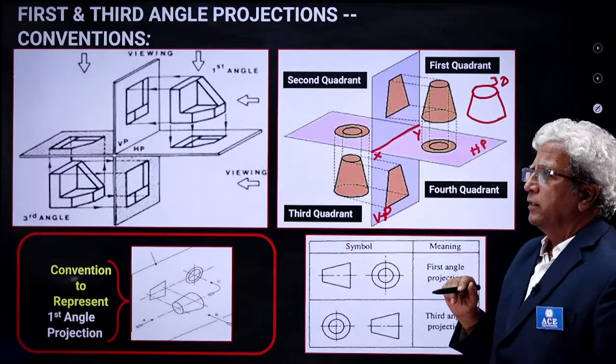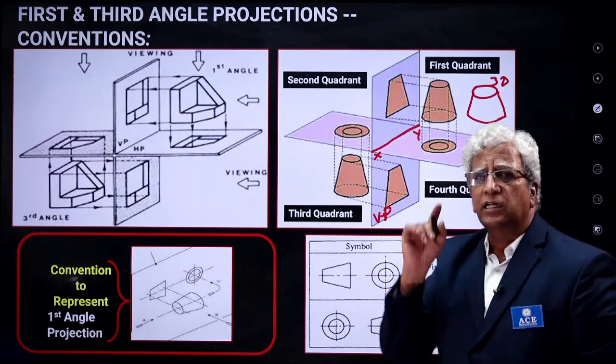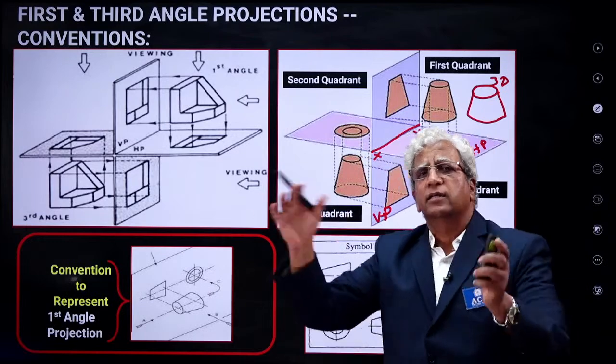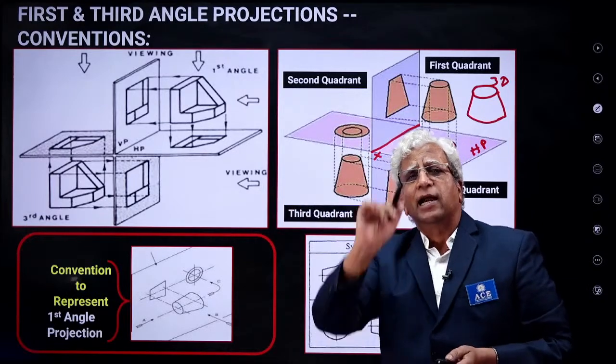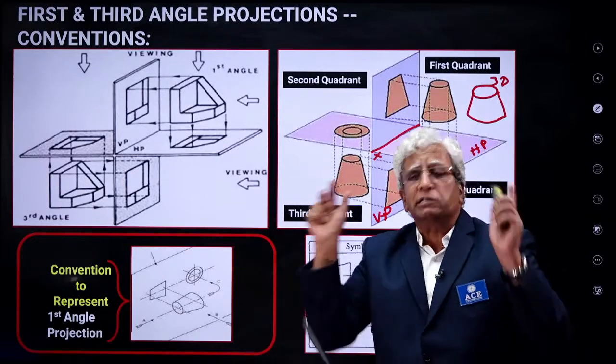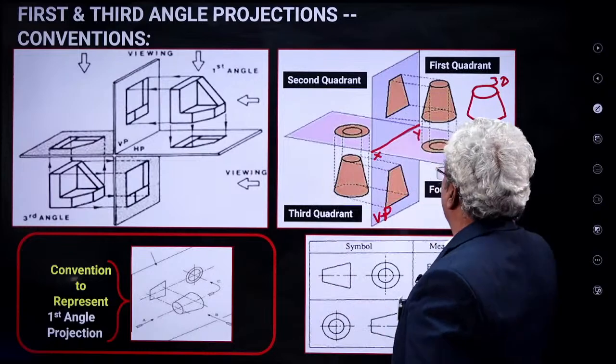Therefore, instead of having three dimensions, in the orthographic projections, from different sides you see, such that from each side at least you get two dimensions, that's all. From each side at least we get two dimensions.